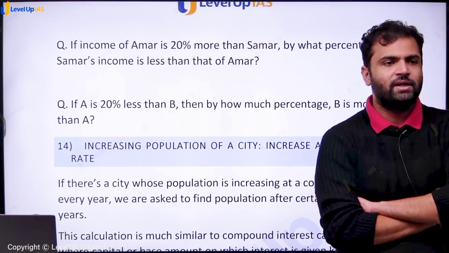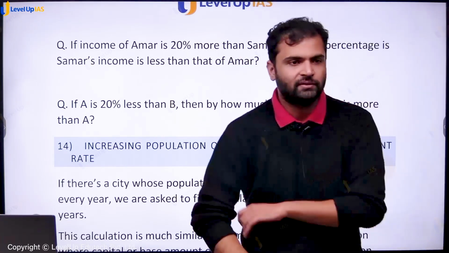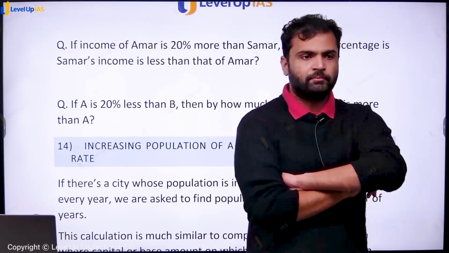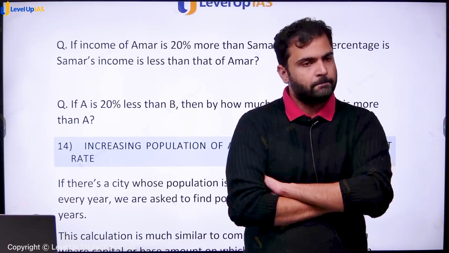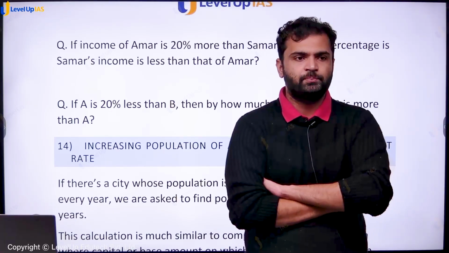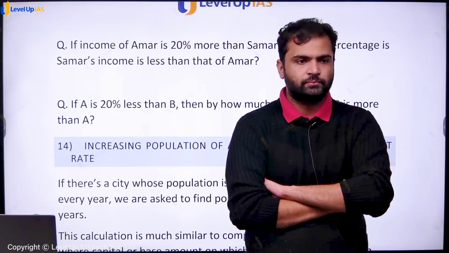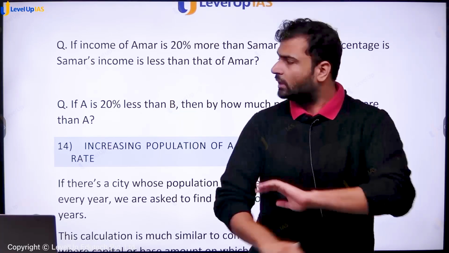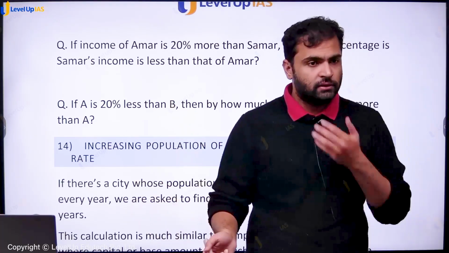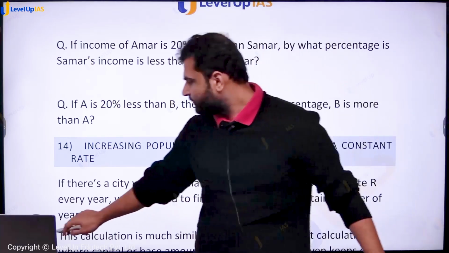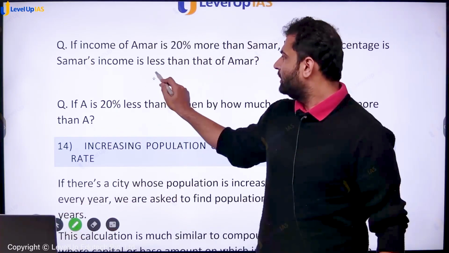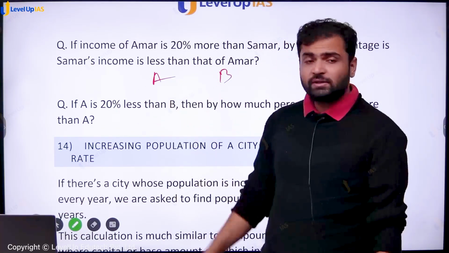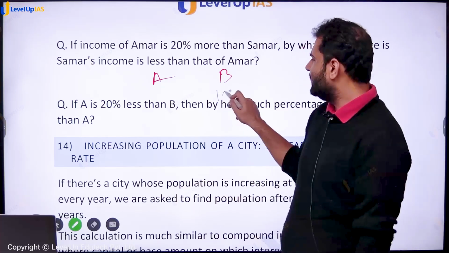20 आ रहा है, 20 कैसे है, 20 तो ये दिया है ना। But base has been changed now. हाँ, starting you start with 100. There are two people, A and B. A is 20% less than B, so we assume B as 100.